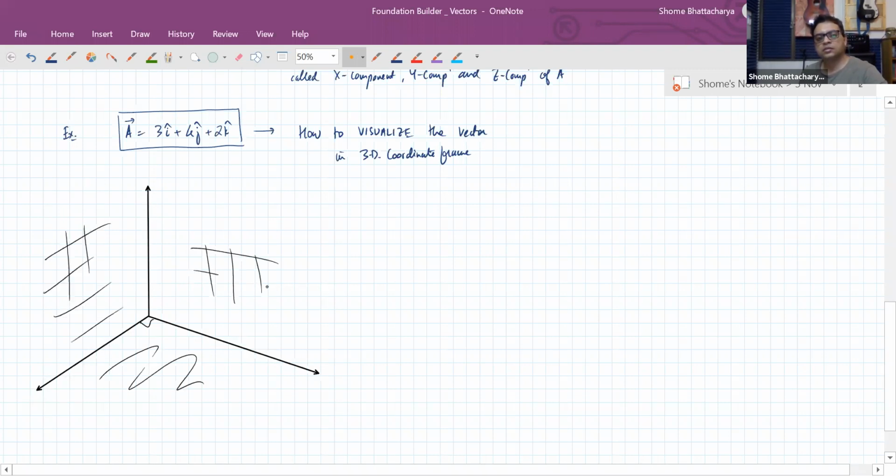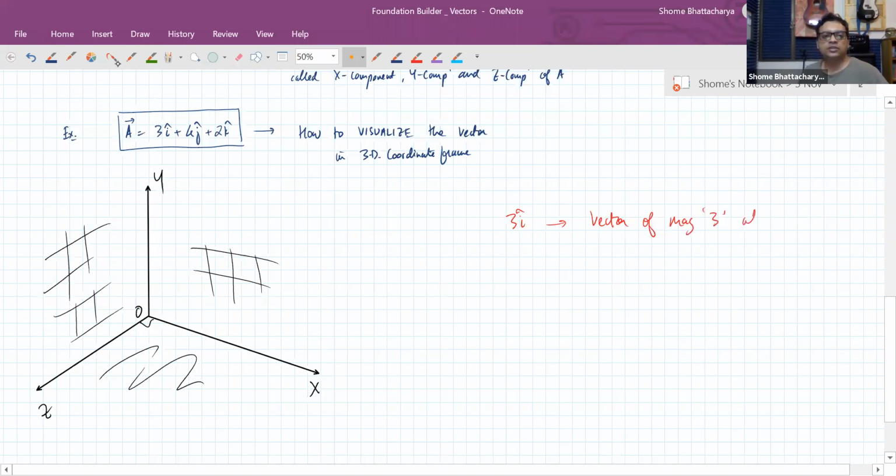This is a system of axes with a common origin. Now just think of what this vector 3 i cap is. It is a vector of magnitude 3 along the x axis.